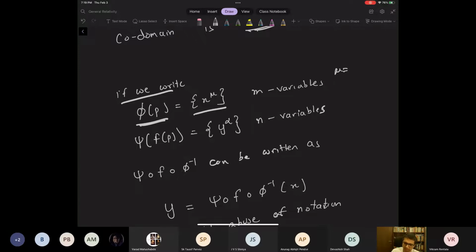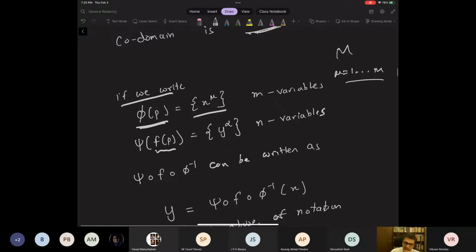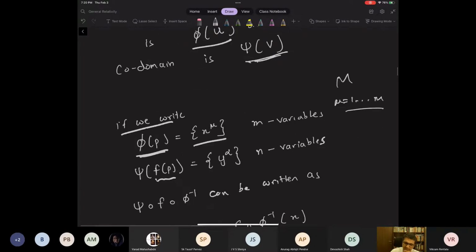But the mu runs from 1 through m, because there are only m coordinates on the manifold M. On the second manifold, if we take the point f of p, which is the image of the point p, then psi of f of p gives me the coordinates of that point, which we denote as y^alpha, and the values of alpha only run from 1 through n, because capital N is assumed to be n-dimensional. So the coordinates are also n-dimensional.